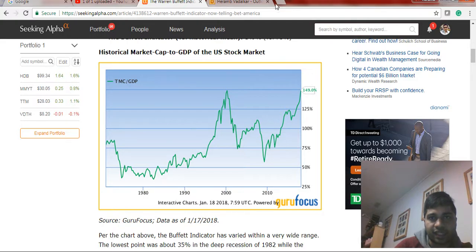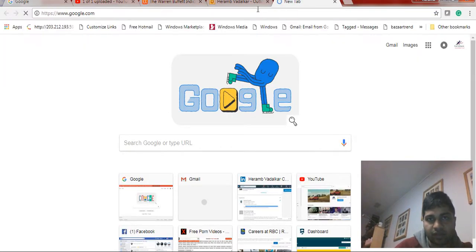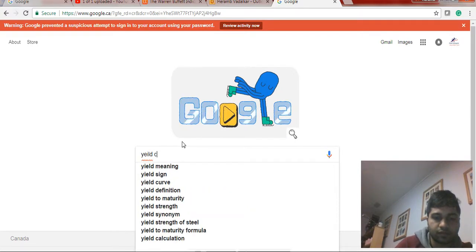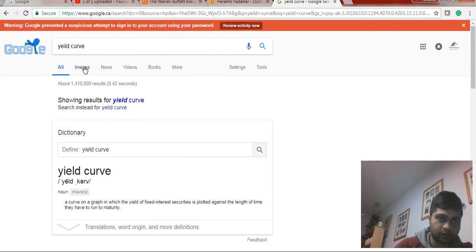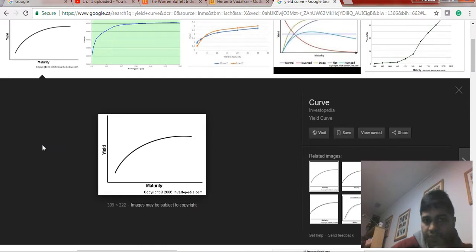Now what is yield curve? So if you can see from this picture, oh, it's not there now. So let's go to Google and find out a yield curve picture. So this is your yield curve.